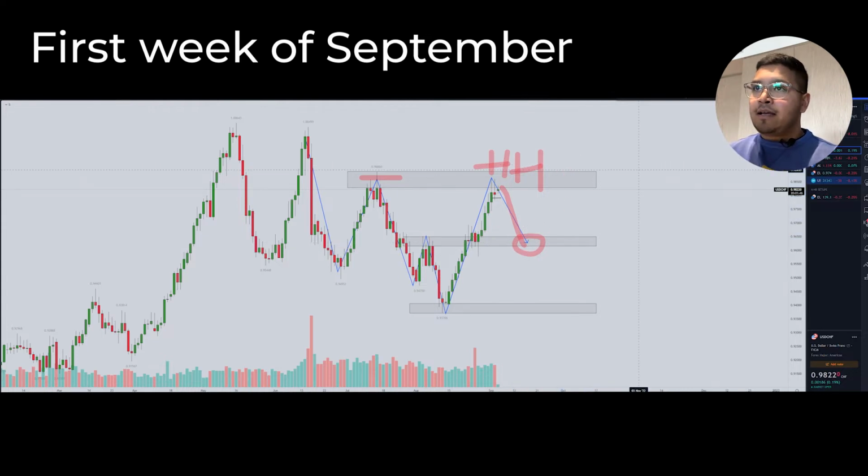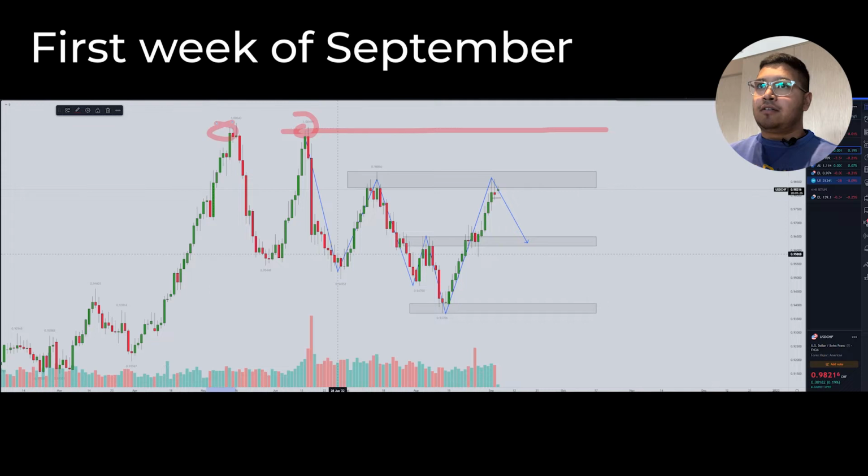So if we fail to sell off from this resistance and correct this huge bullish impulsive move that we previously had, the next level I'll be considering is this previous level of resistance here, looking further left.